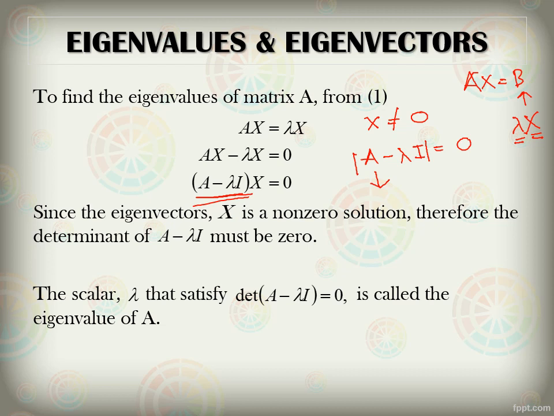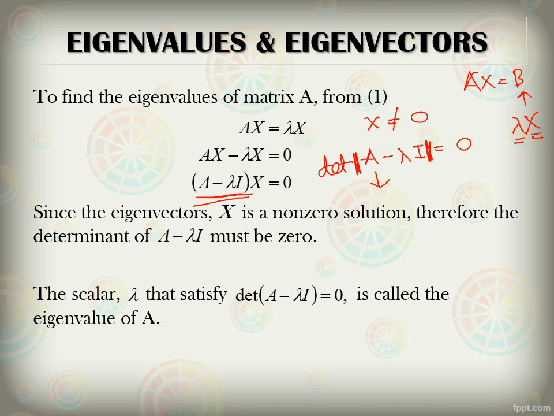Okay, so once we set A minus lambda I equal to 0, we can find the value of lambda by finding the determinant of this, A minus lambda I. So determinant of A minus lambda I equal to 0.